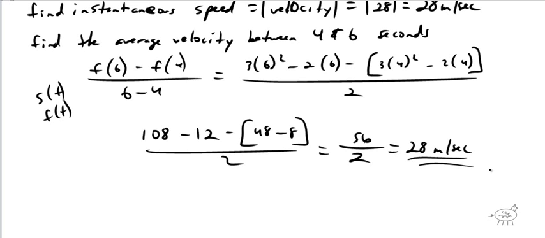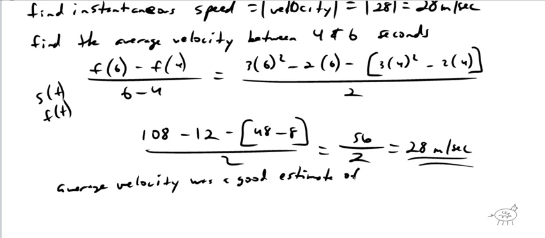Okay, because remember, you take the 2 points that are closest on either side to get our answer. So we can just write there the average velocity was a good estimate of instantaneous velocity.